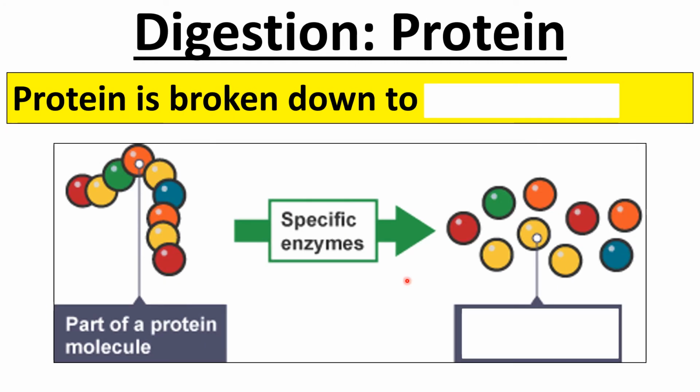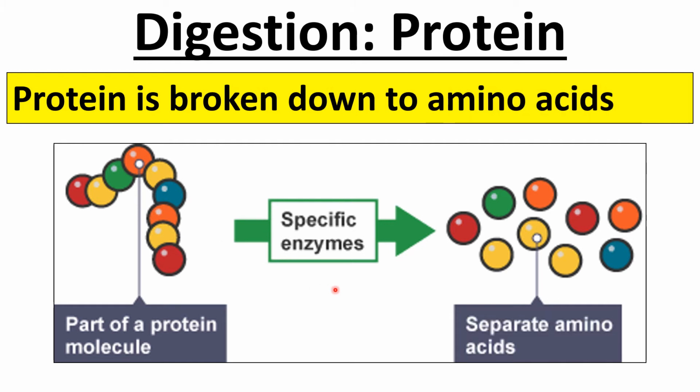Protein, hopefully you know this from the reverse process when we looked at DNA. DNA is the code for something, and then these are put together. A chain of these makes a protein, and then the reverse happens during digestion. So the protein is broken down to amino acids.